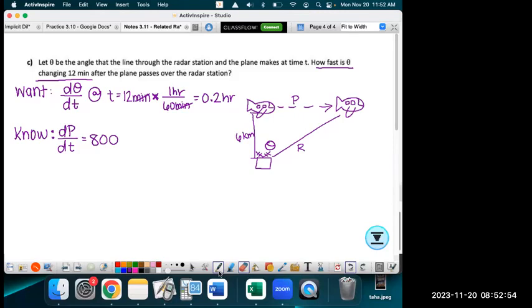Now, considering that I want to know d theta dt, I need to write an equation that involves theta. What are the only types of equations that you can use that are going to involve theta and a right triangle? Hopefully you said a trig equation.